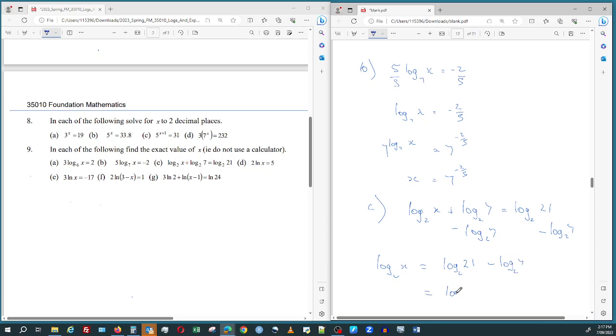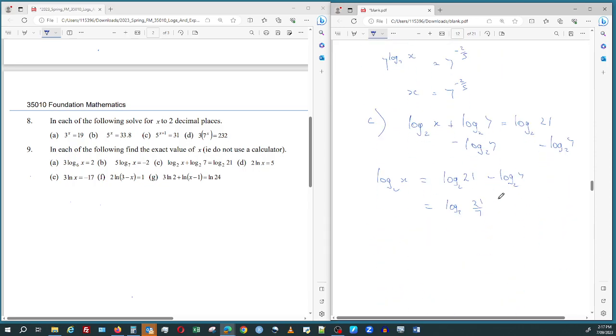This is log base 2 of 21/7, so log base 2 of x equals log base 2 of 3. You can already say x equals 3, just by recognition, or equating: if the arguments are the same, x has to equal 3. You can stop there. That's enough. Or you can do it. It doesn't matter to me.